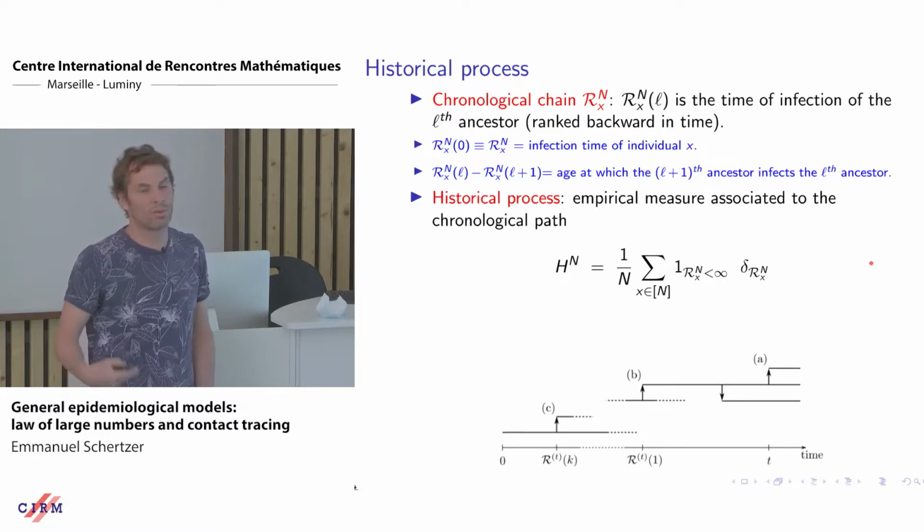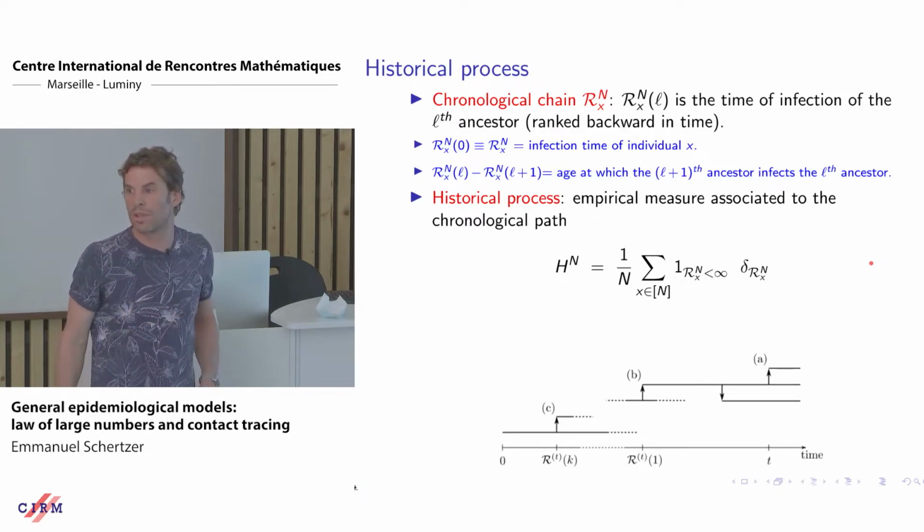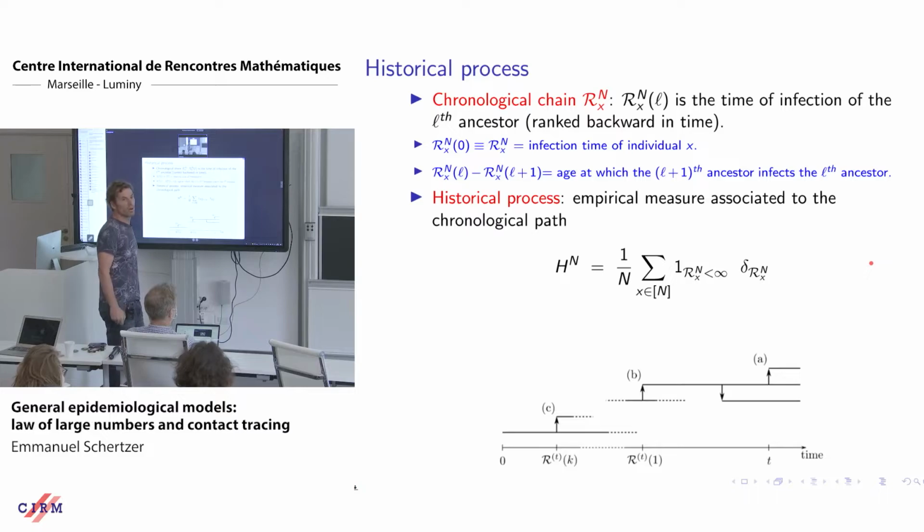Okay, so t is equal to 0 is not really the onset of the epidemics, but it's the time at which you start observing your epidemics. Okay, so at that time you already have a large number of infected individuals in your population. Okay, so this is exactly what I just told you.